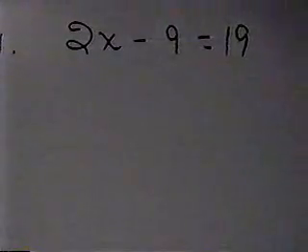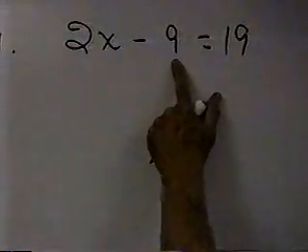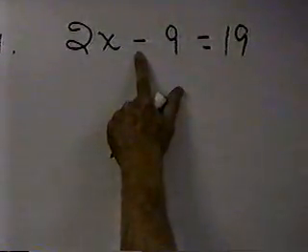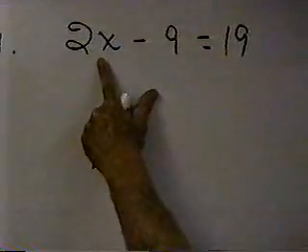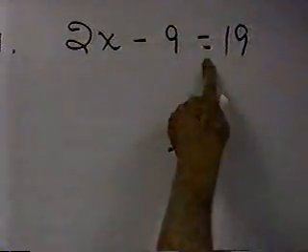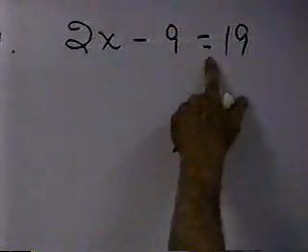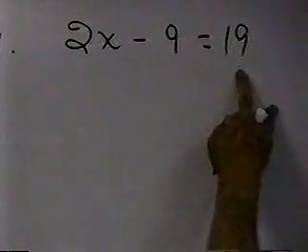Don't just try to start writing down letters and numbers. Read it until you understand what it's saying. So it says that 9 is subtracted from twice the number. And the result is, and that's the equal sign, 19.